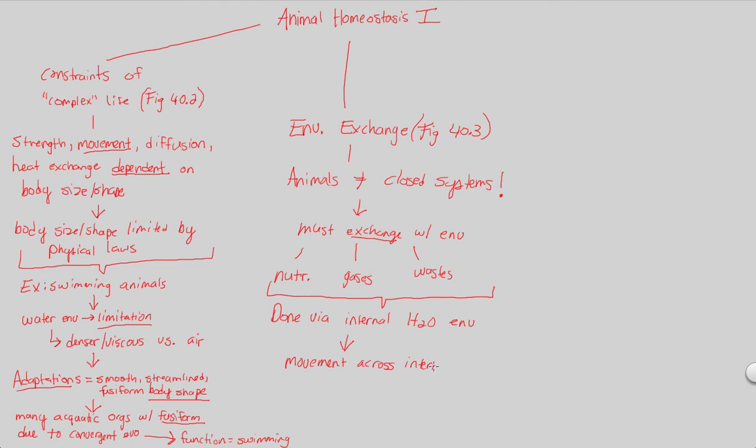Why across the internal cell membrane? Why should we do that? Remember, the functional unit of life is the cell. And if we want to do any sort of exchange at the tissue level, at the organ level, at the system level, it all must begin at this moment right here. And this is coincidingly going to be with that H2O environment that surrounds every cell as well.